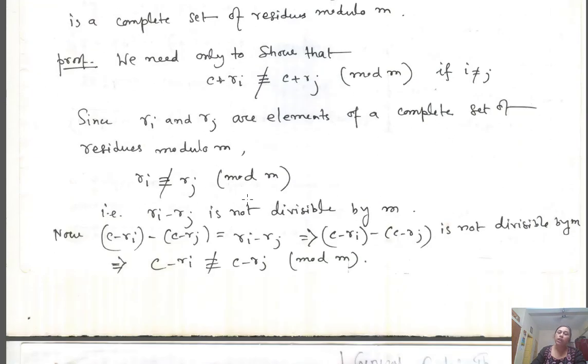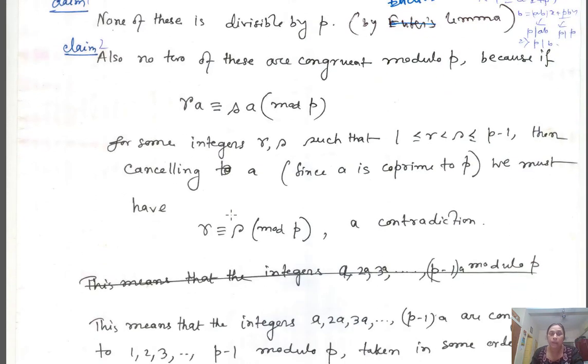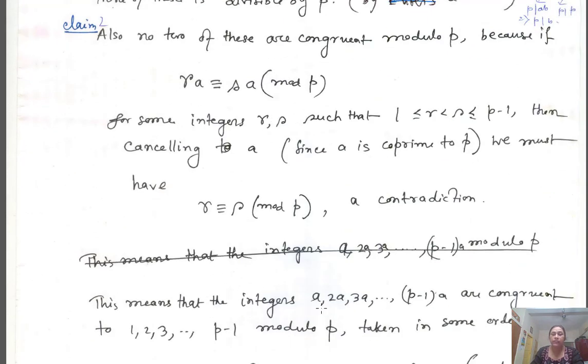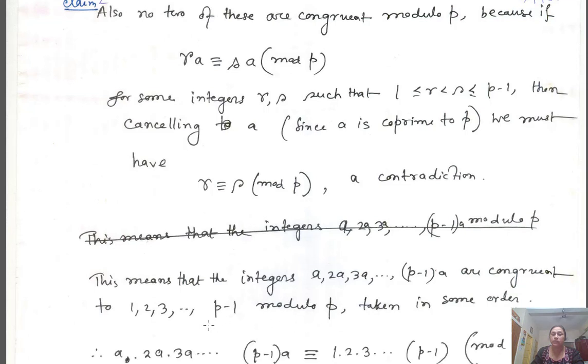No, it's not a complete residue system, but what we can say is that the integers A, twice A, thrice A, up to P minus 1 times A are congruent to 1, 2, 3, up to P minus 1 modulo P.